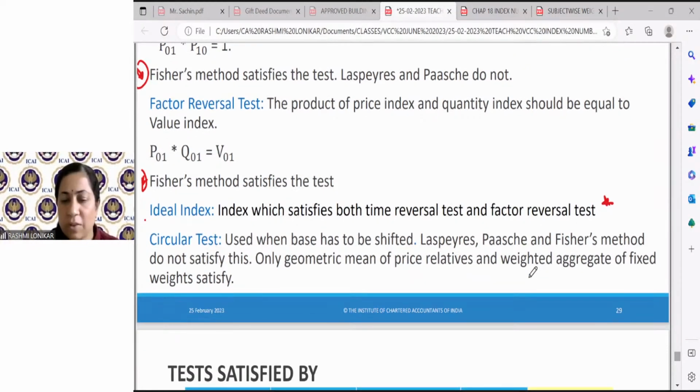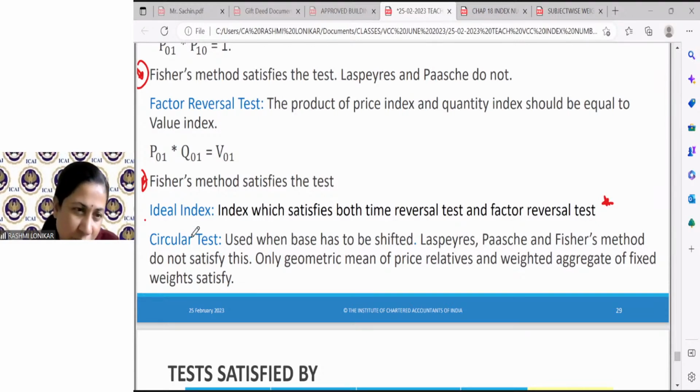So we have talked about the unit test, time reversal, and factor reversal. And we have now talked about the ideal index. What is an ideal index? One which satisfies both the time reversal test as well as the factor reversal test. Then we are talking about the circular test. It is used when the base has to be shifted. Laspeyres, Paasche, and Fisher's methods do not satisfy this. Only these two do.